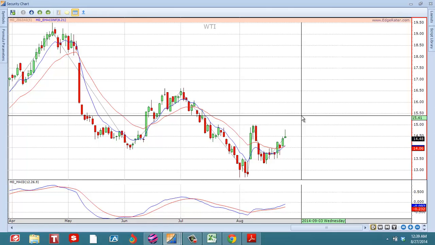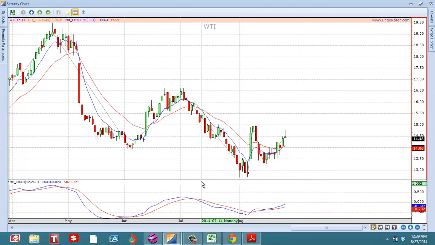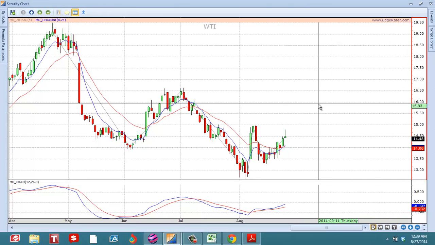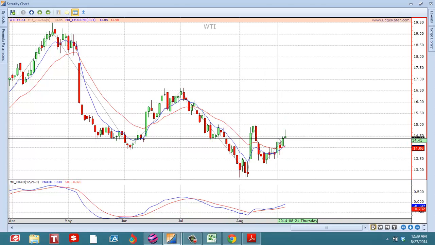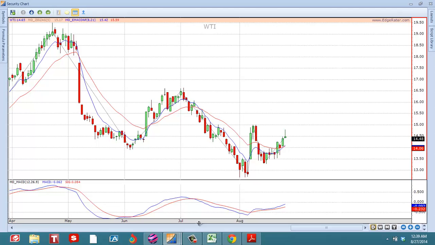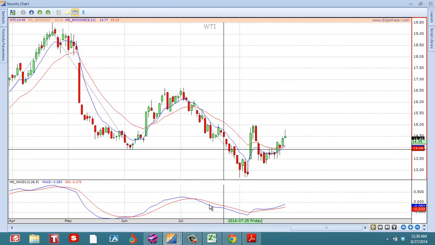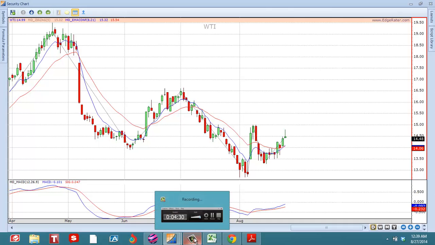Put high probability trades on your side, and adding these two together, I found that you have a very high probability for success, and it makes it real easy. Using EdgeRater with Magenta makes it real easy. Good seasonality, divergence, a nice strategy you can follow. Okay, so this is how I use seasonality with divergence to find stocks.